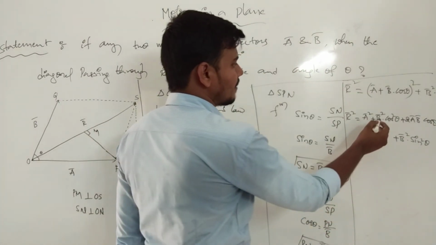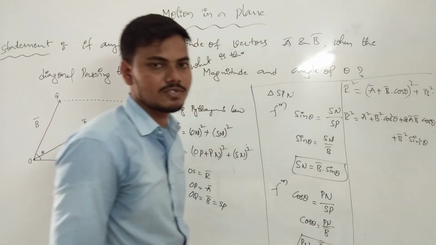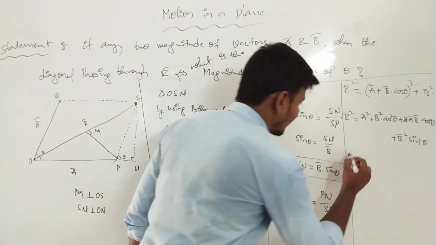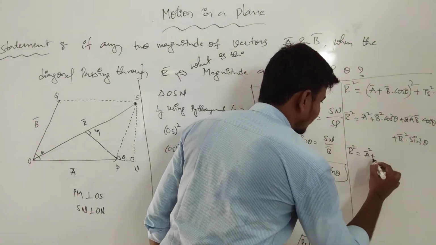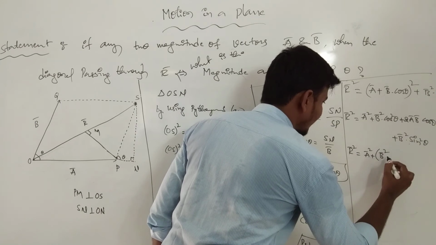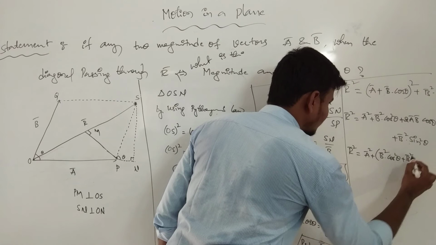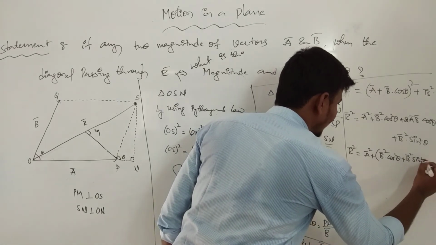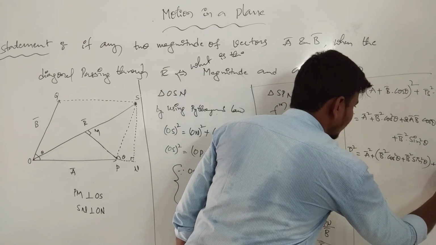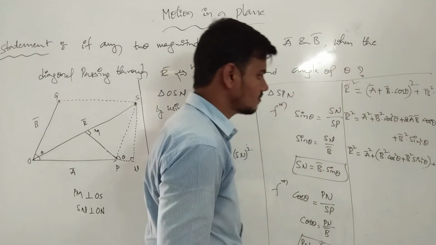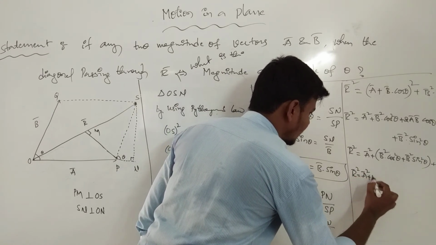Here, sin square theta plus cos square theta is equal to 1. So R bar square is equal to A bar square plus B bar square cos square theta plus B bar square sin square theta plus 2AB cos theta.